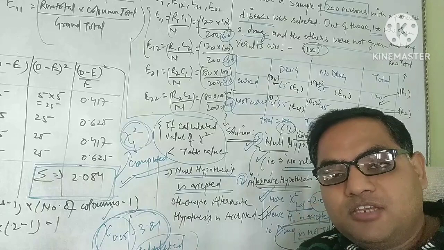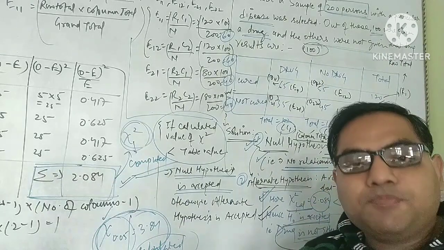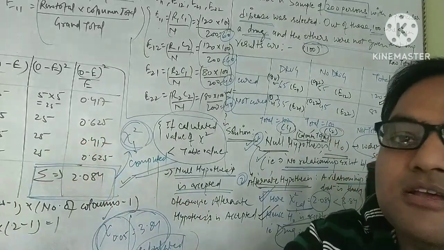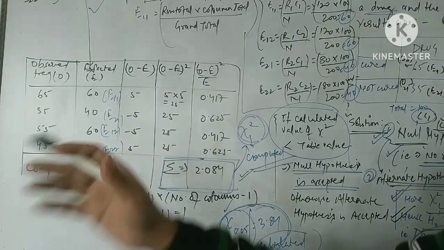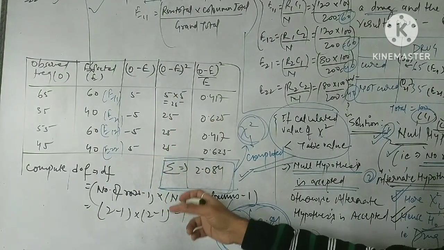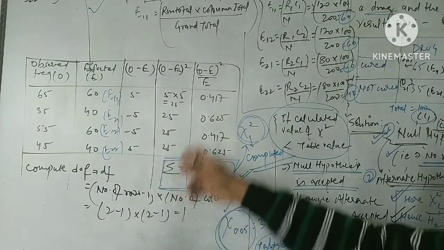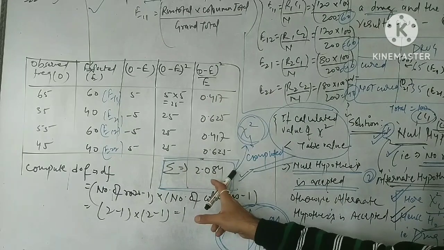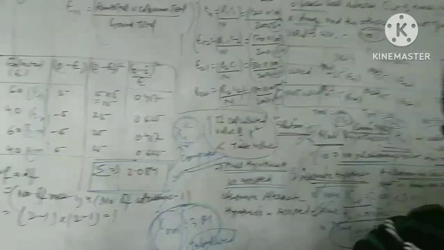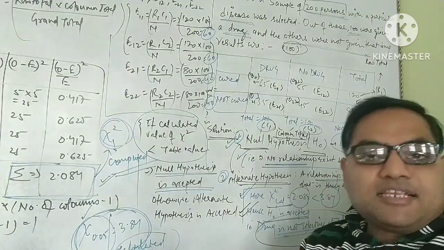First deduce H0, then deduce the expected cell frequencies E, and make a table. After computing, see the tabular chi-square value for the degree of freedom arrived. If the computed chi-square is less than the tabular value, the null hypothesis is accepted. Otherwise, the alternate hypothesis is accepted.